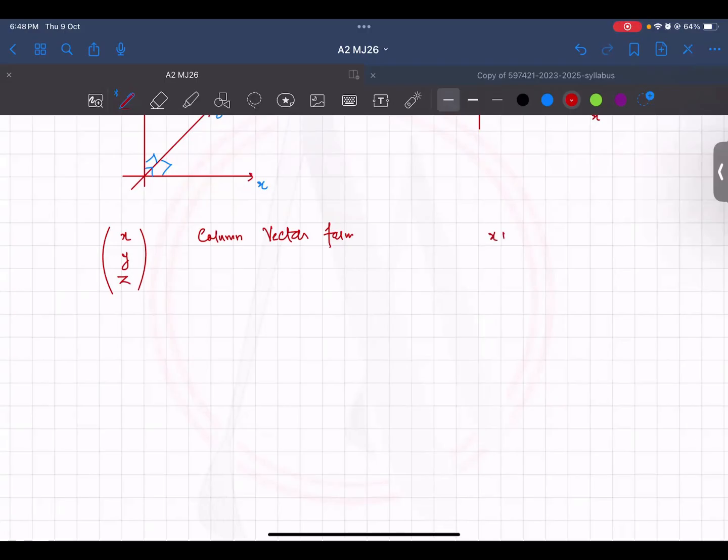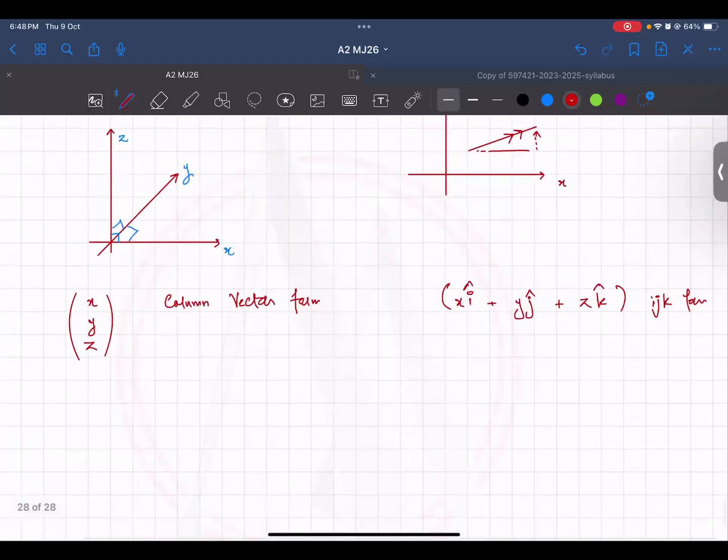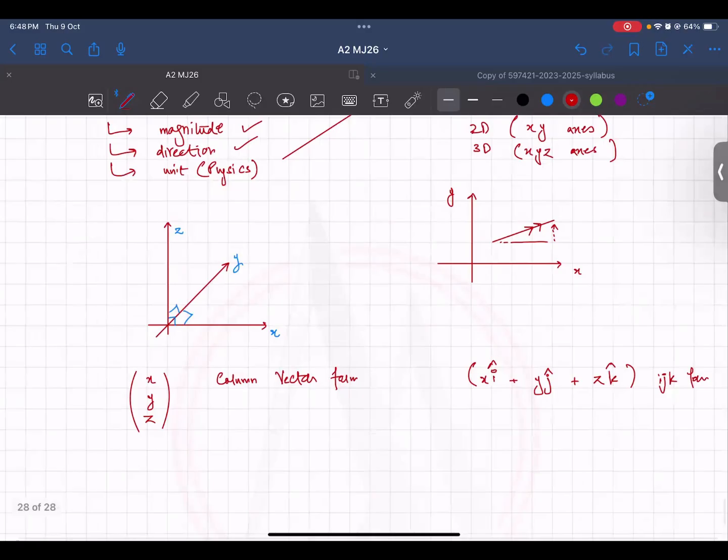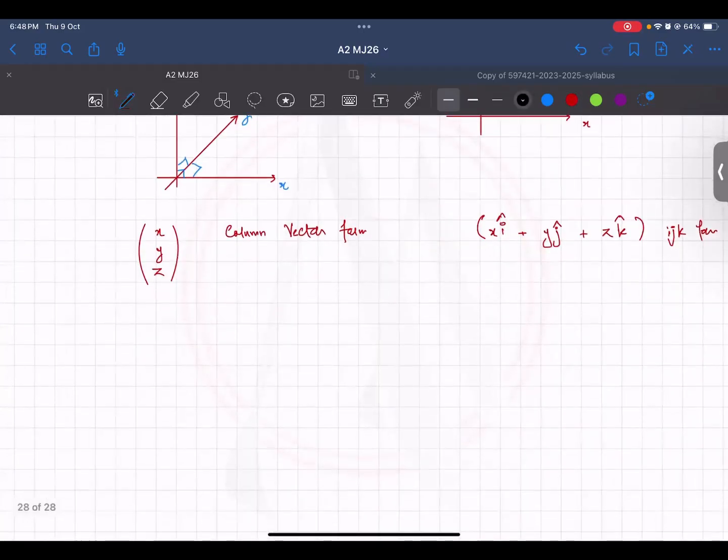So you write x i plus y j plus z k. This is the i, j, k format. Any vector can be written down in these two forms. This is telling you how much you have moved in the x and the y and the z direction. And now furthermore, there are types of vectors.